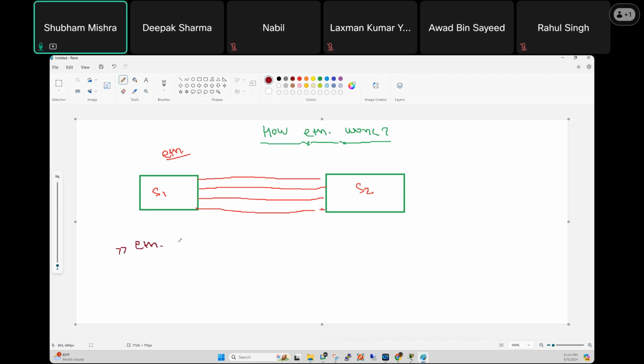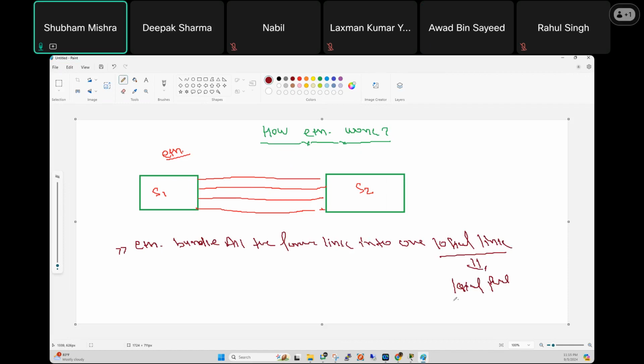EtherChannel bundles all the four links into one logical link, or you can say logical port. In EtherChannel terms, guys, this is called a port channel, or you can say port channel interface.